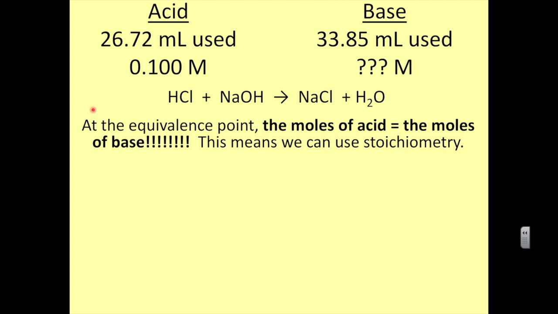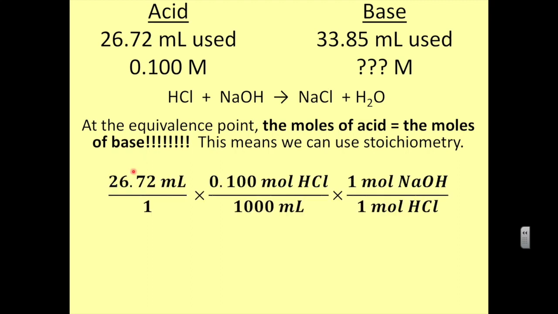At the equivalence point, the moles of acid equals the moles of base. So this means that we can use our solution stoichiometry. I'll start with my moles of acid right here. I'll start with my volume of acid, and I just put a 1 here as a placeholder to make sure you know that this is in the numerator. And then I am multiplying by my molarity, moles over liters.